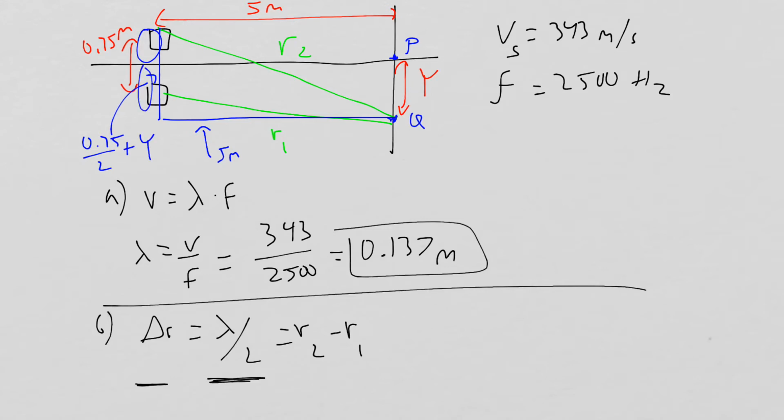And so we can write R2 equals, using the Pythagorean theorem, the square root of 5 squared plus the quantity 0.75 over 2 plus y, squared.